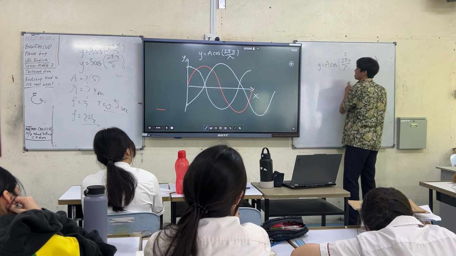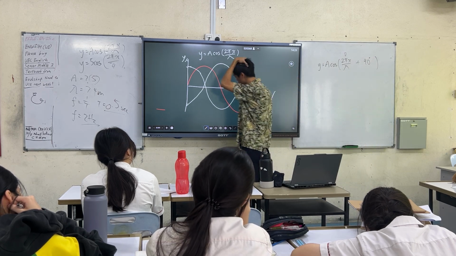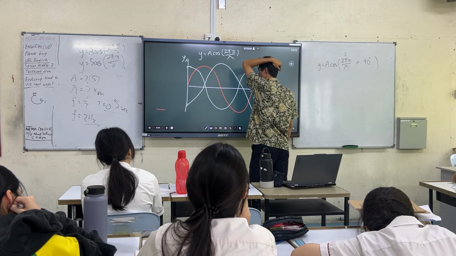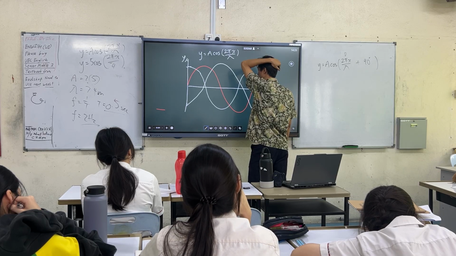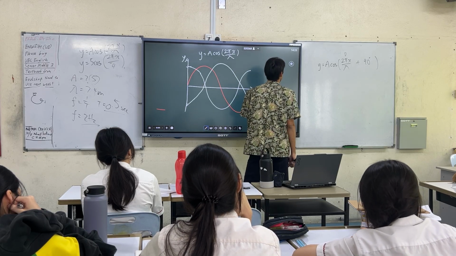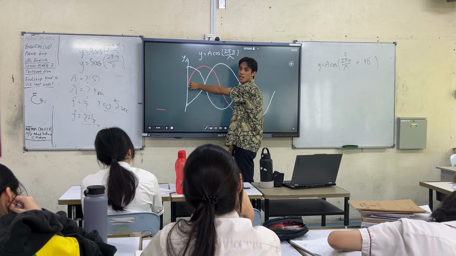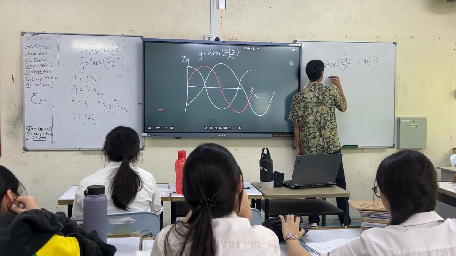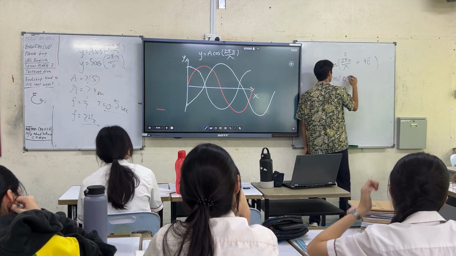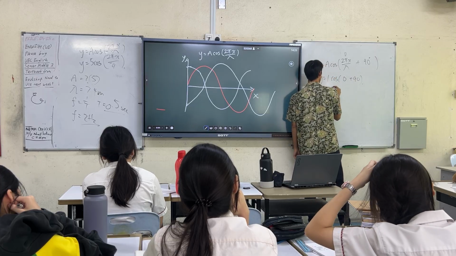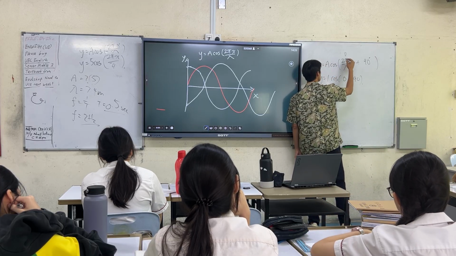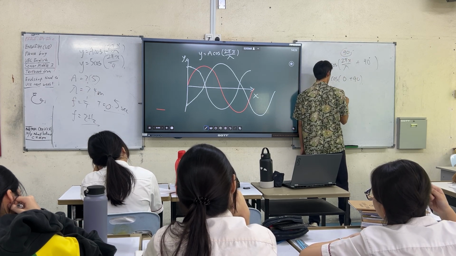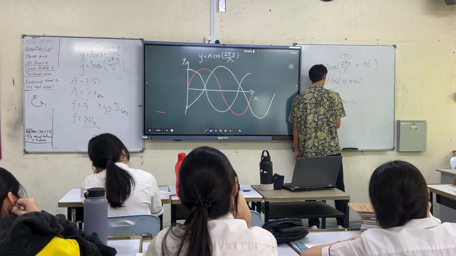Assume this is 0 and 90, what happens? Assume y is a number, for example 1 cos 0 plus 90, it will be at 0. But what happens if this one is not 0, it's 90 degrees? What will be the answer? 1 cos 90 plus 90. What does it look like?